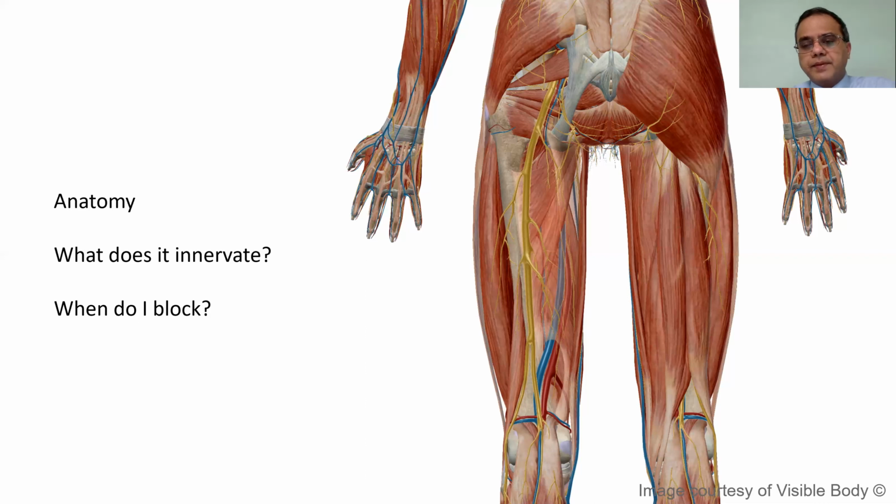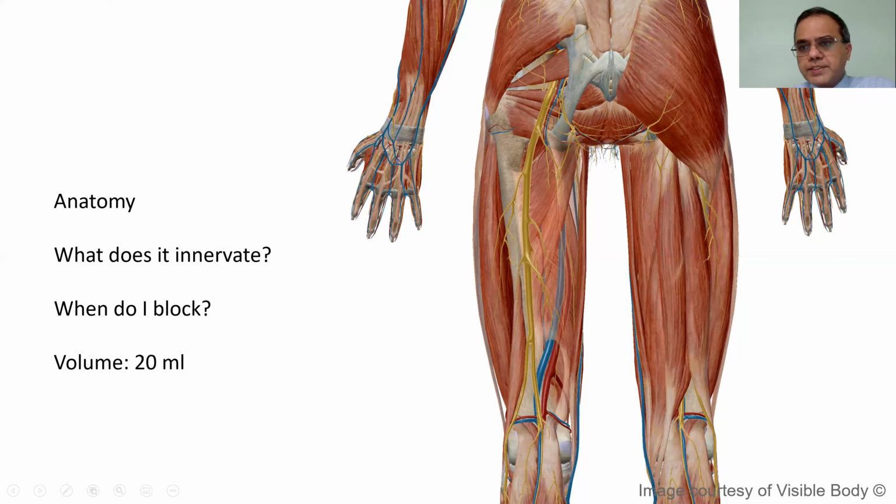But if you block sciatic nerve at the level of the popliteal fossa for foot surgery, then you will cause foot drop. And if the patient is a day case, then you won't be able to send him home. So the main indications in my practice are for knee replacement and surgery on the ankle, like ankle fusion, triple fusion, subtalar fusion, that kind of thing.